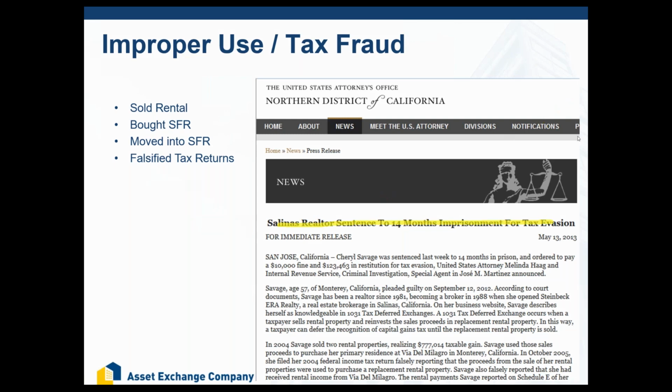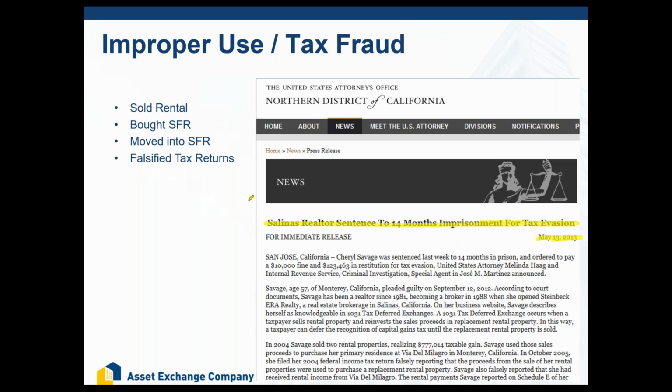This press release was from, it's an old one now, it's from 7 years ago, but it's a good one. There was an agent in Salinas, California, who served 14 months in jail for tax fraud, tax evasion, because she did her 1031 exchange wrong and used her replacement property incorrectly.